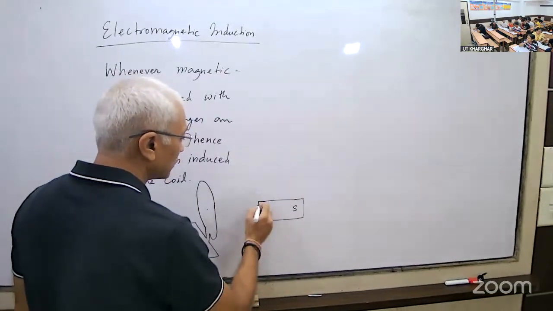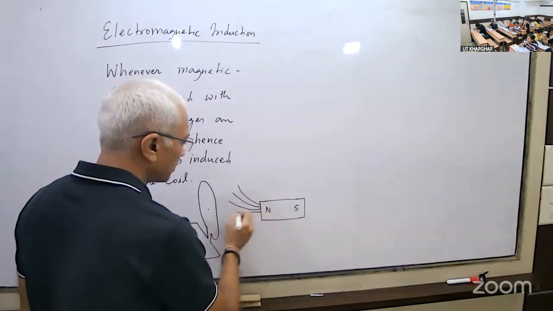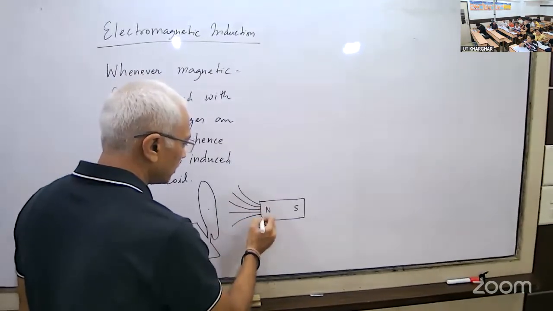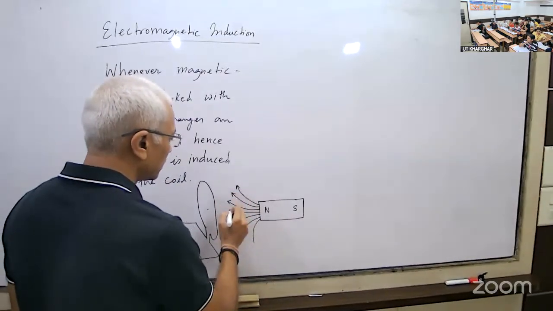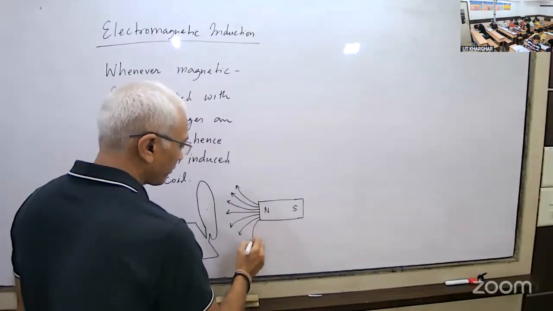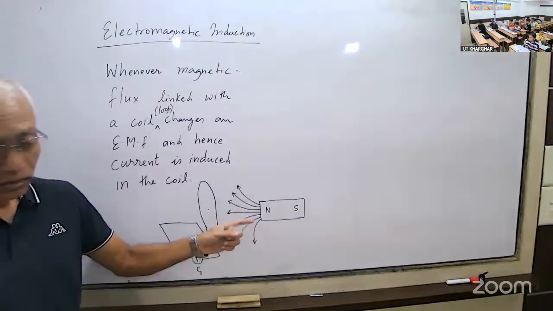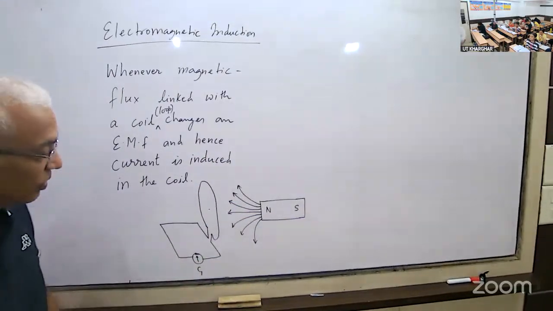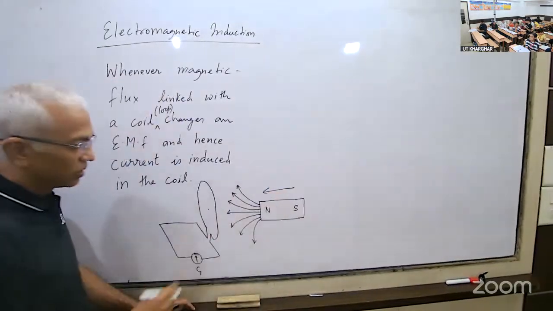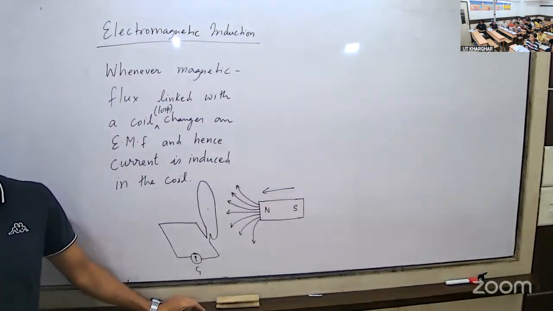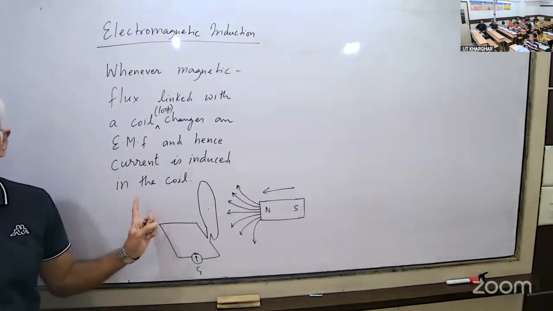Obviously, the magnetic field is completing the loop. So when the magnet is moved towards the loop, the number of field lines passing through the loop is increasing.